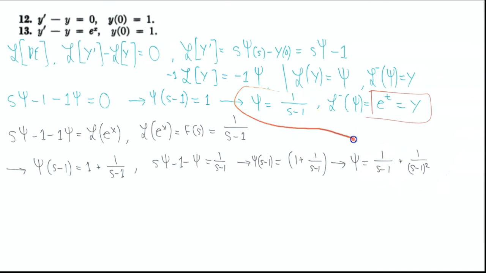Look at that right here. See that? Same thing. So we can already jump to the answer. That's e to the t. So let's write inverse Laplace of Y is equal to y, right? Because that's our fact. But y is equal to y1 plus y2.